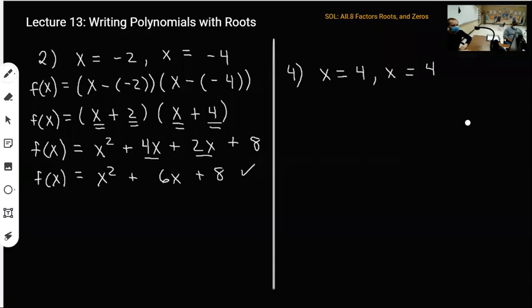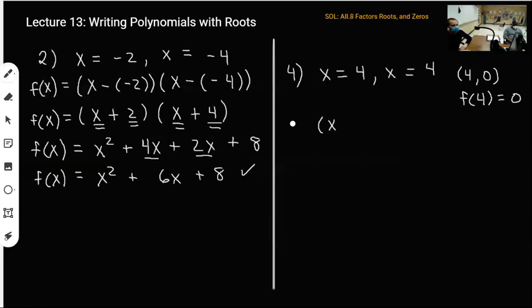Now, if you think about it, how many times is this graph going to actually cross the x-axis? Actually, only once, because these are the same numbers, right? It's going to cross at 4, or you could say (4, 0), because f of 4 is going to be equal to 0. We got that from our note. So I'm going to subtract these numbers from x, and I'm always subtracting.